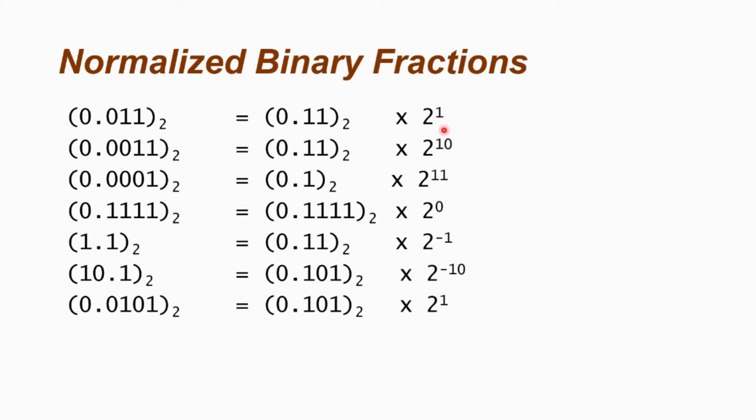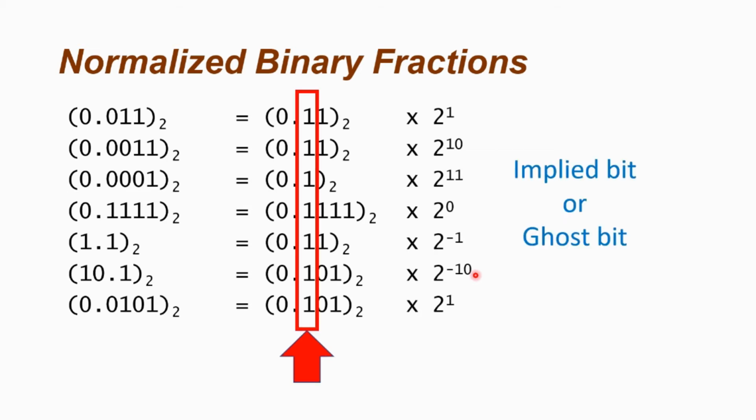You can see these are values of an exponent in base 2. 0.0001 converts to 0.1 into 2 to the power 11. Again, this 11 in base 2 is the number 3. 0.11 is 0.11 into 2 to the power 0. 1.1 is 0.11 into 2 to the power minus 1. 10.1 in base 2 is 0.101 into 2 to the power minus 10 in base 2, and so on and so forth. So what do we observe out here?